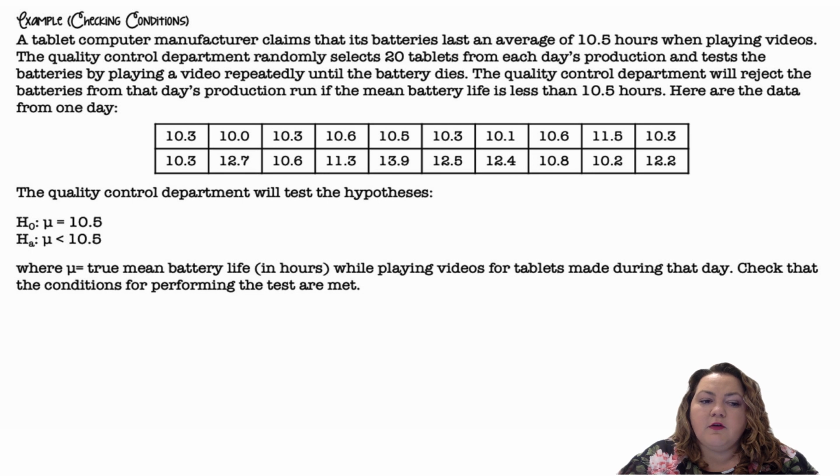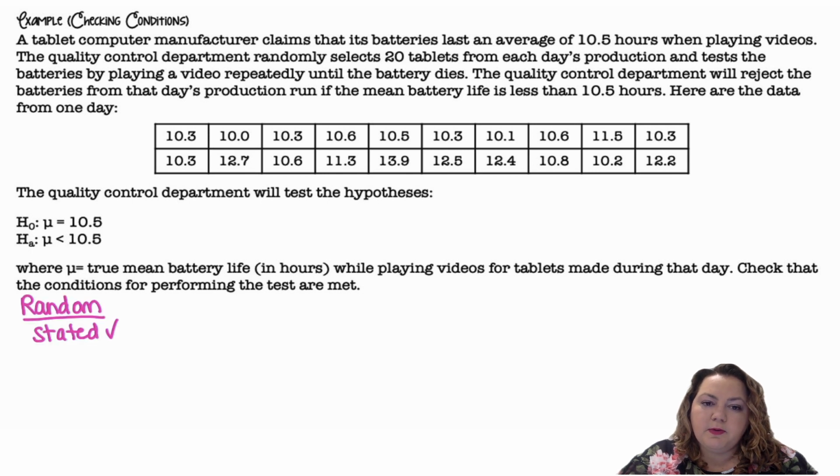Here are the data from one day. The quality control department will test the null hypothesis mu equals 10.5. The alternative is mu is less than 10.5, where mu is the true mean battery life in hours while playing videos on a tablet made during the day.